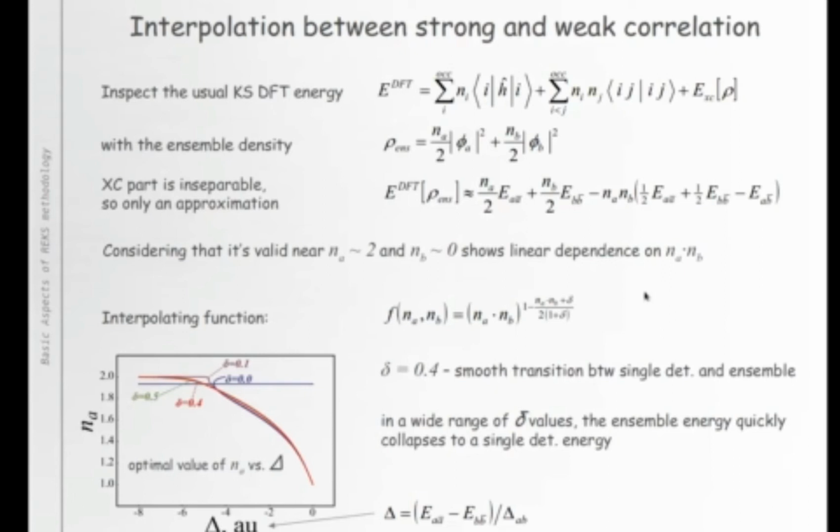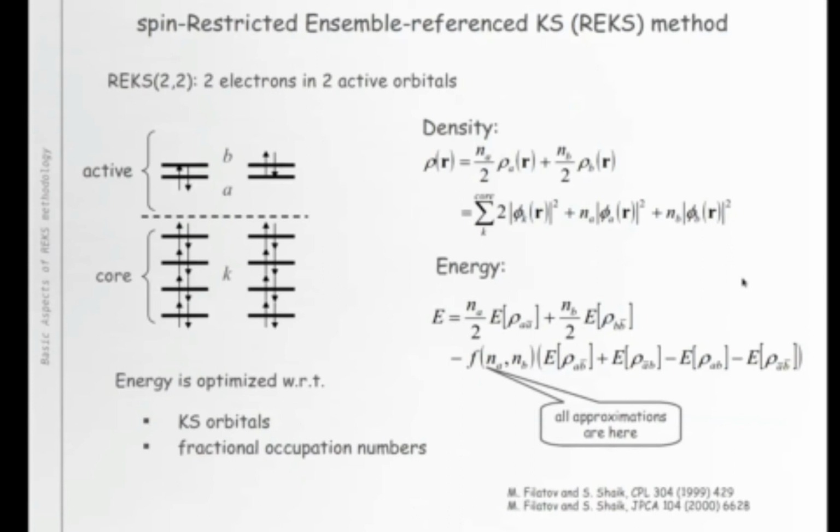And in the end, everything boils down to something quite simple. For the case of two electrons in two active orbitals, this leads to an ensemble with only two components. I have two quasi-degenerate, nearly degenerate orbitals A and B. All other orbitals are doubly occupied. I will have two configurations, with doubly occupied orbital A and with doubly occupied orbital B. They will make these contributions to the total density, so the densities of these configurations will be combined with these weights.